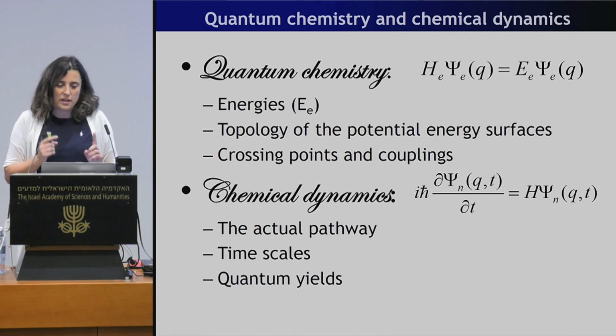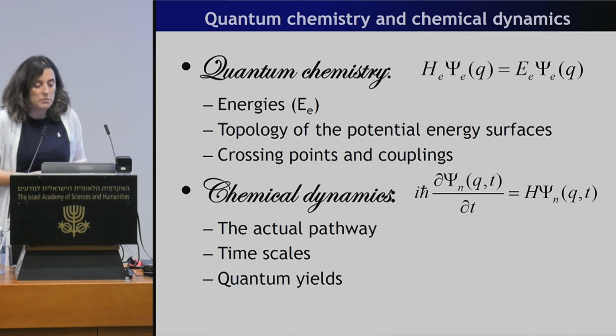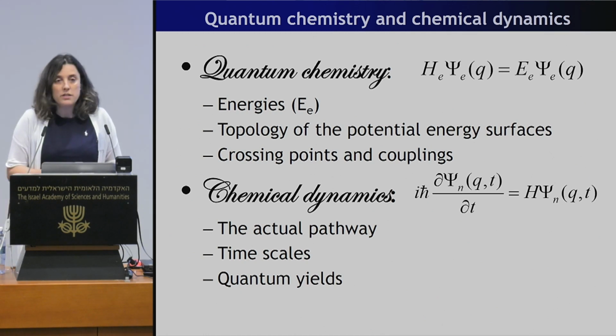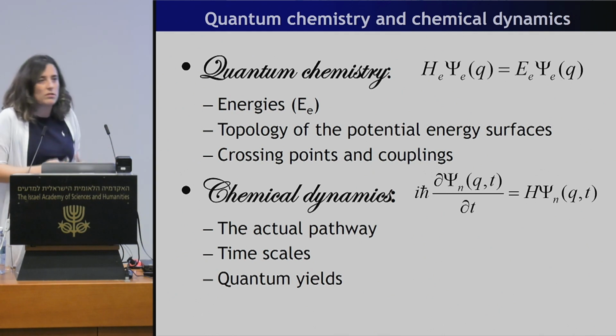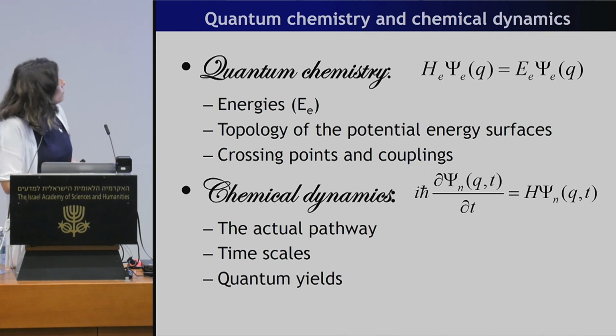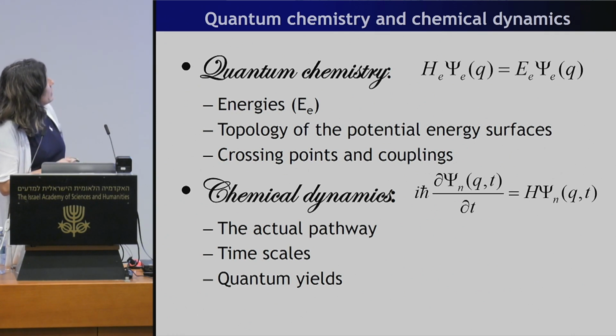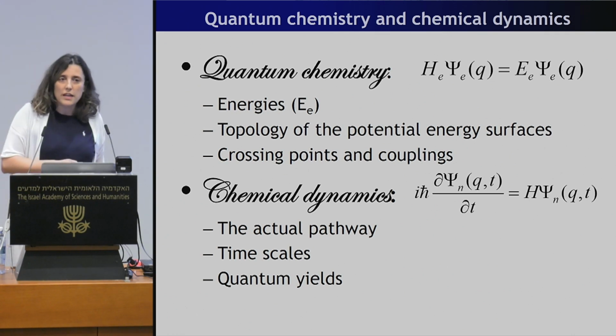So quantum chemistry and chemical dynamics, in the simplest, or let's say the most traditional way, means solving two equations. One equation, the time-independent Schrödinger equation for the electrons.